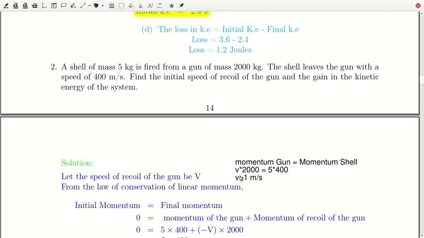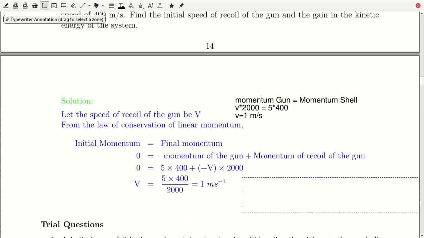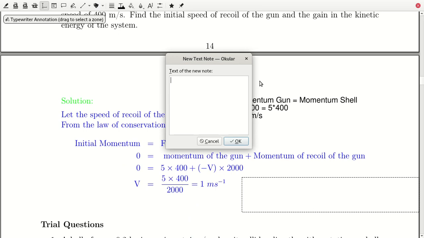That one I'm leaving to you as an assignment. It would be as simple as using the formula for kinetic energy, which is a half. For example, the kinetic energy for the bullet would be a half times its mass, which is 5, times its speed, which is 400. Then we square.